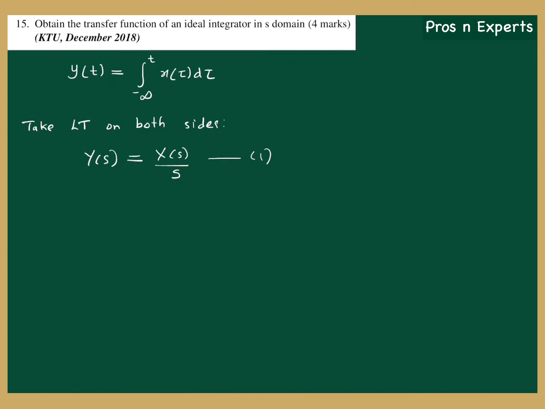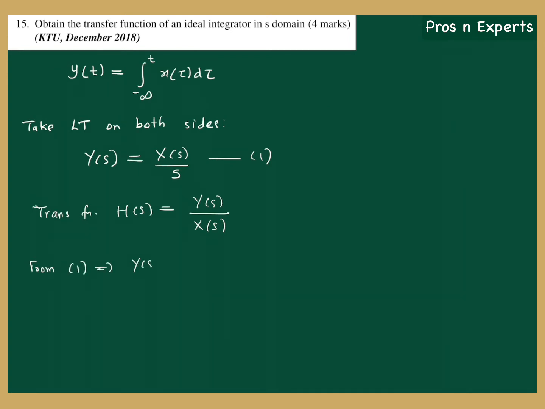Now, what is the transfer function? Transfer function, H of s, is the ratio of the Laplace transform of the output signal to the Laplace transform of the input signal with no initial conditions. So what is y of s by x of s from equation number 1?